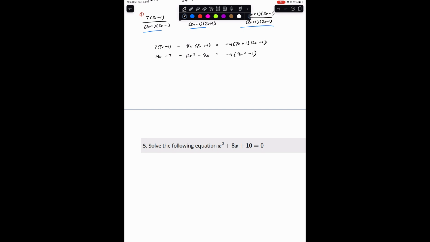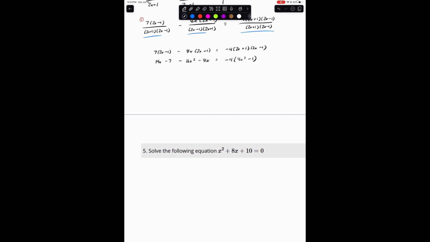In a moment, trying to think. Okay. So we can rewrite this as negative 16x². And we have these combined, and we get plus 6x, minus 7.